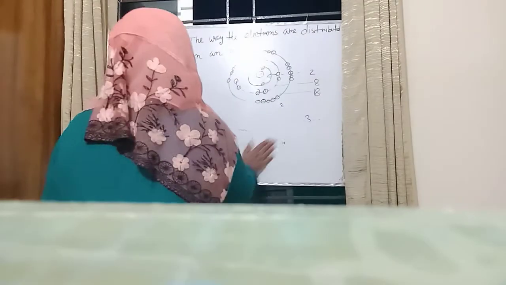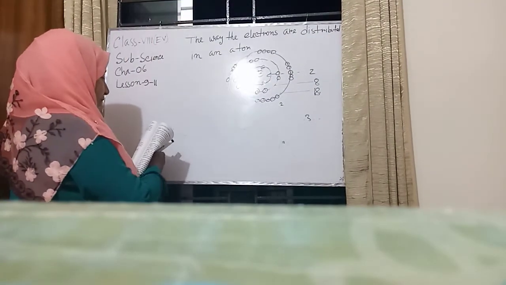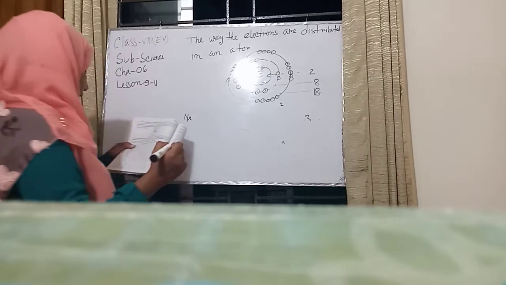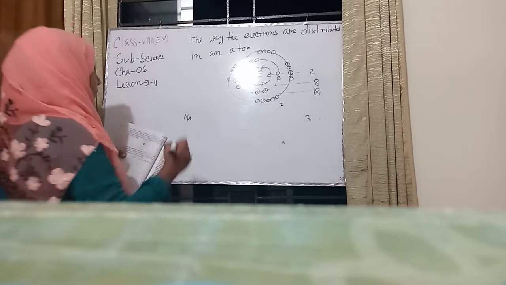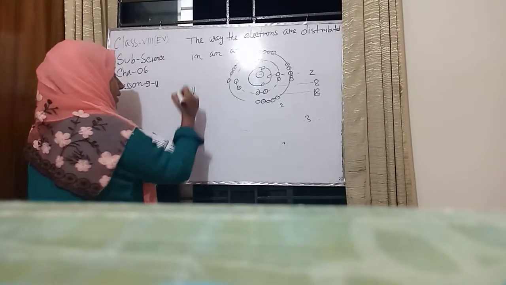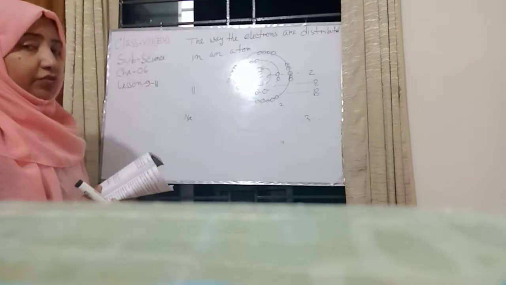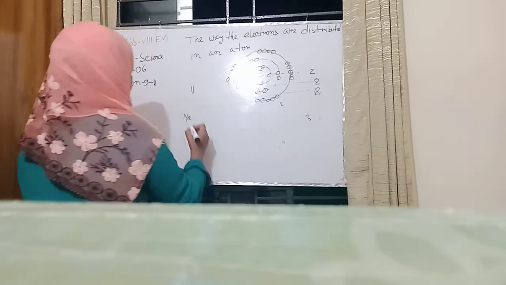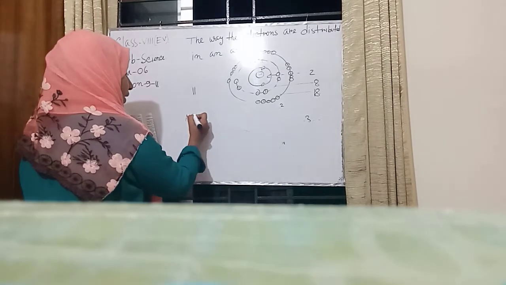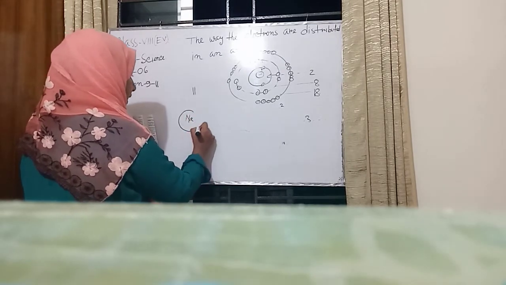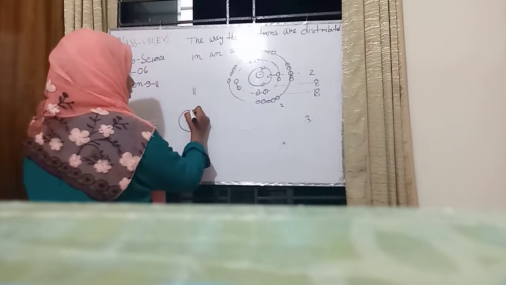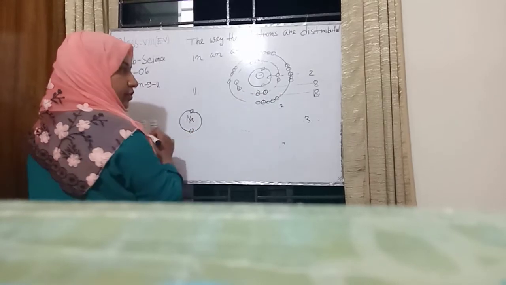My dear students, here's the sodium structure, and its atomic number is 11. I follow this structure. For the first orbit, I fill up 2 electrons.